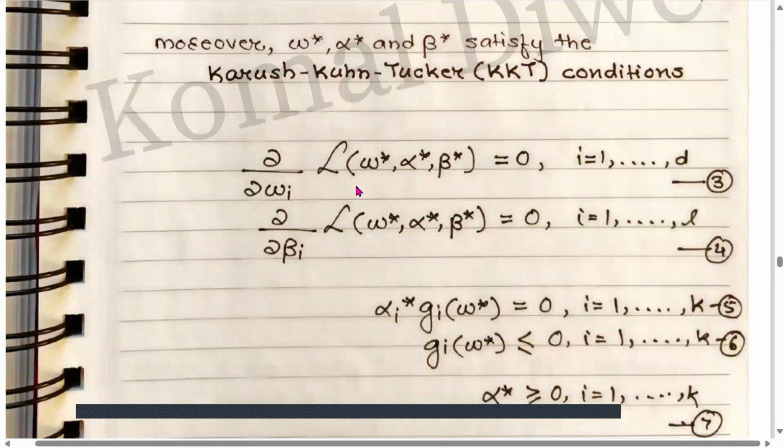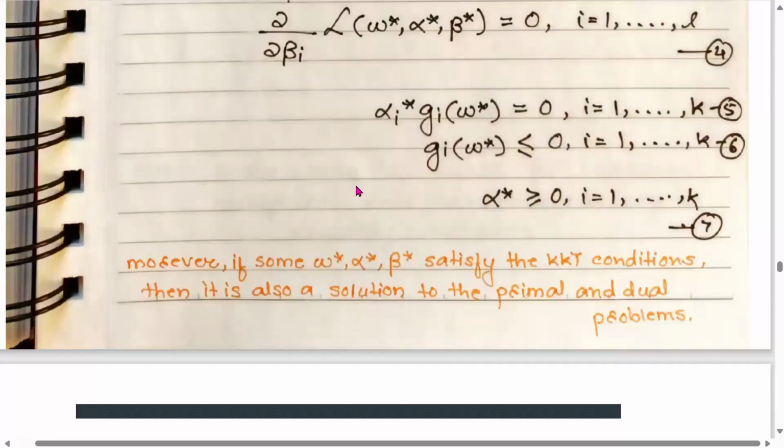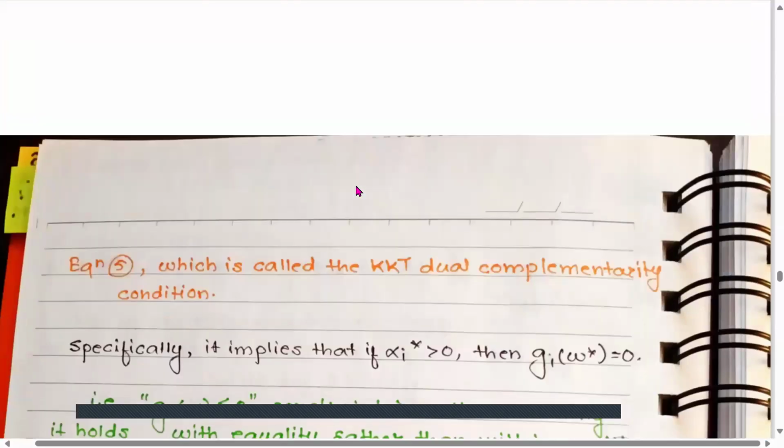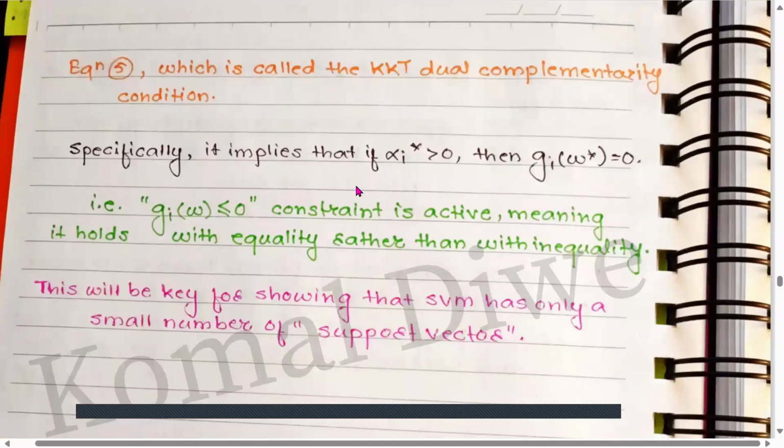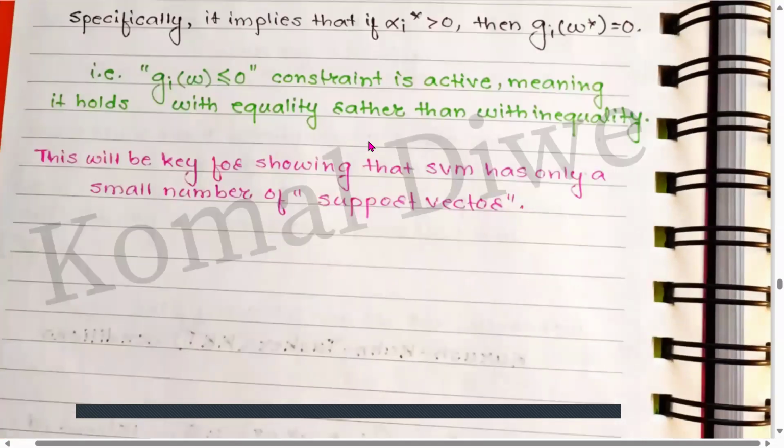You have to remember and try to understand this, please. These are some points you definitely need to understand. They will be key for showing that SVM has only a small number of support vectors.